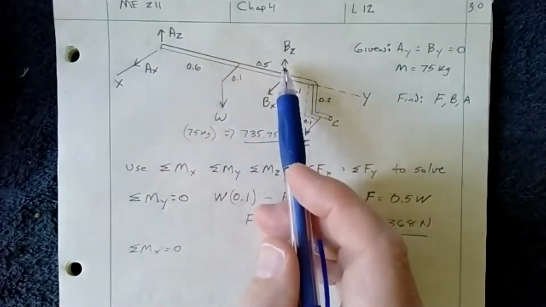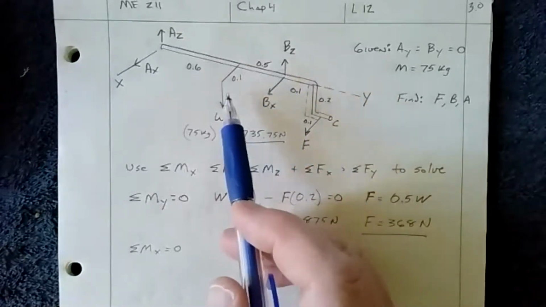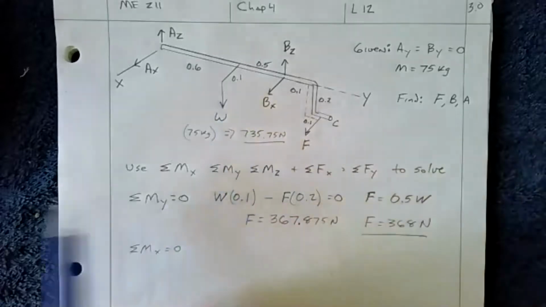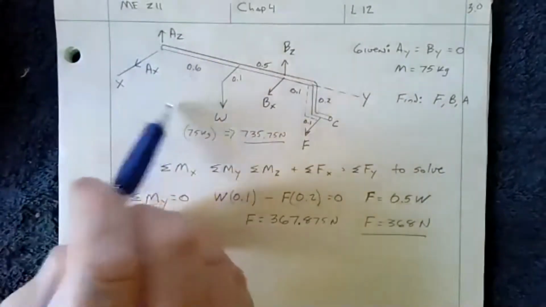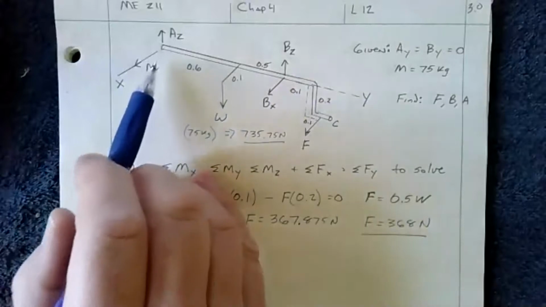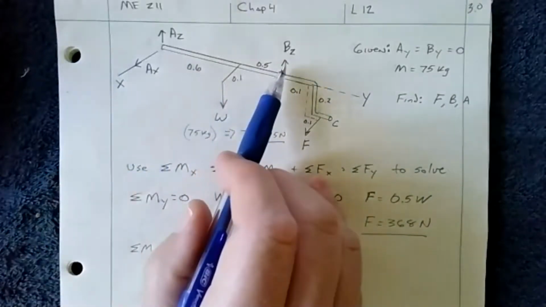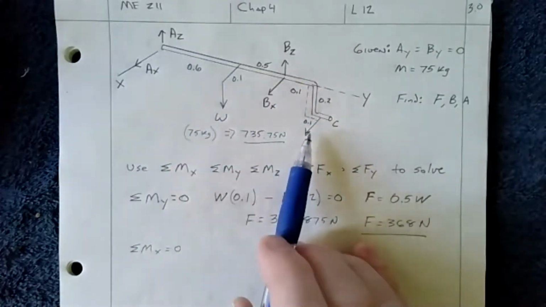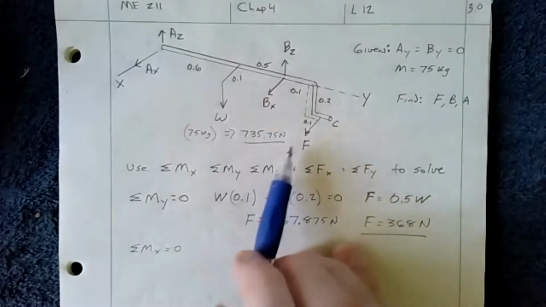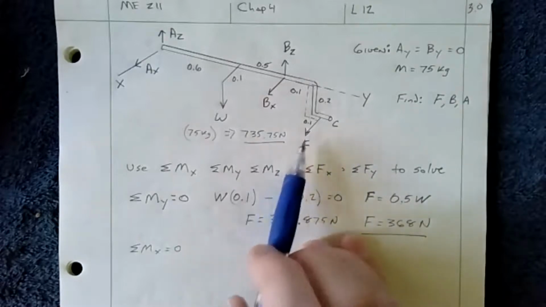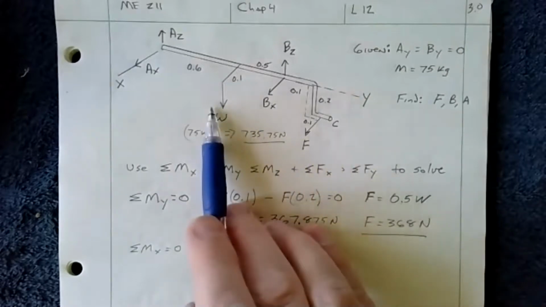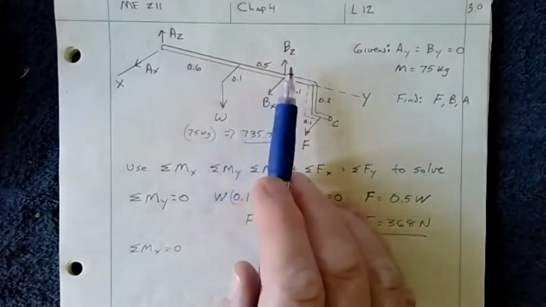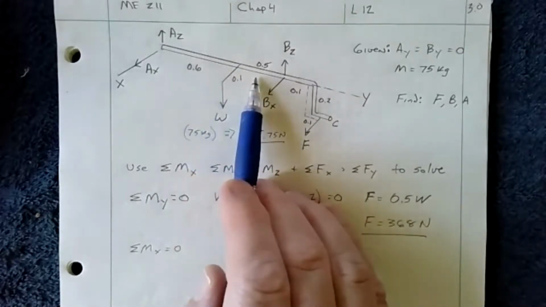So then that's going to allow us to solve for BZ, because we know that the weight is going to want to rotate clockwise about x. BZ, if it's written that way, is going to want to go the other way. The force F is coming out in this direction, in the x, so it's not going to have any bearing. So really it's just a relationship between this weight and BZ and their respective distances.